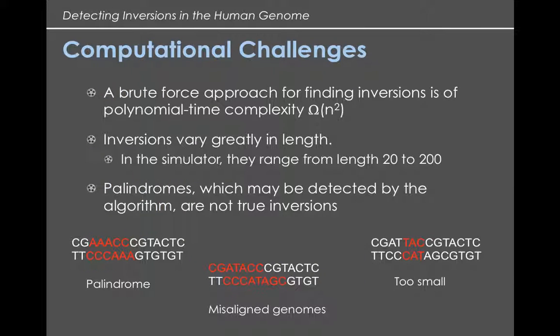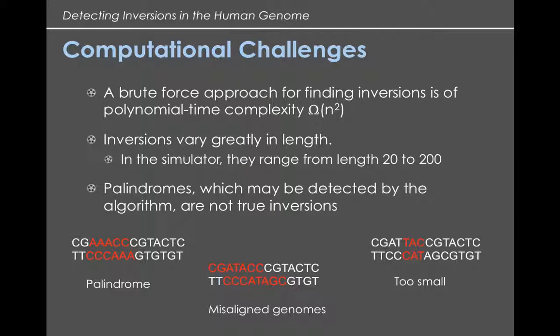So the brute force approach to finding inversions is lower bounded by polynomial time complexity. It would involve comparing every segment of the genome, depending on your k-mer length, to the reference and inverting that segment to see how well it matches to the genome. But it has to be a perfect match in order to count as an inversion.